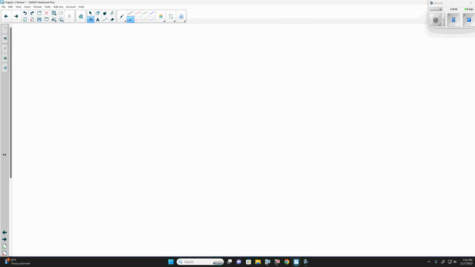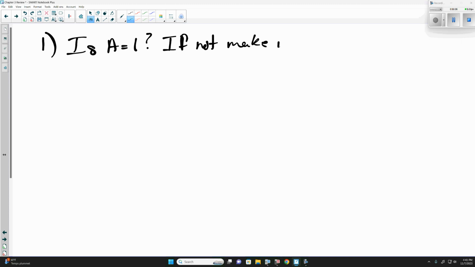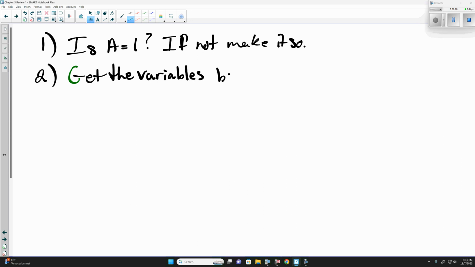Completing the square. Step 1: Is a equal to 1? If not, make it so. Step 2: get the variables by themselves, and leave 2 spaces.